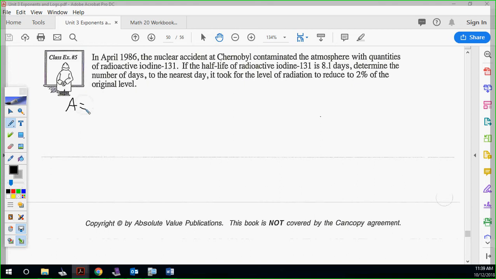We don't know how much radioactive material, but we know that we want it to be 2% left, or reduced to 2%, excuse me. And we know that we're starting out with how much in terms of percent? 100. 100% is there.